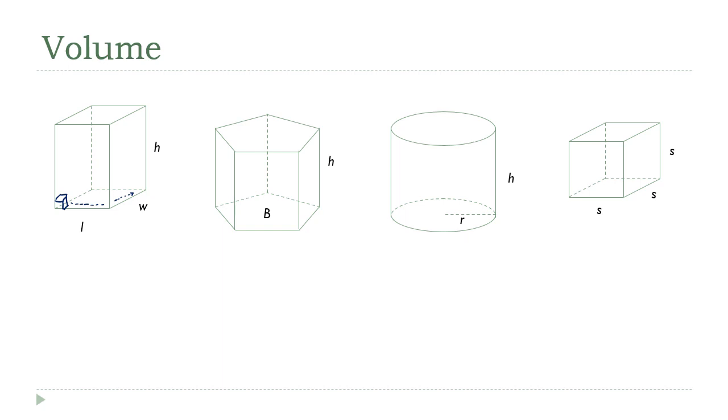And to do that requires L times W of these unit cubes. Now I have to take those sheets, if you will, of LW cubes and stack them up. And it takes H stacks, which means the volume is length times width times height.